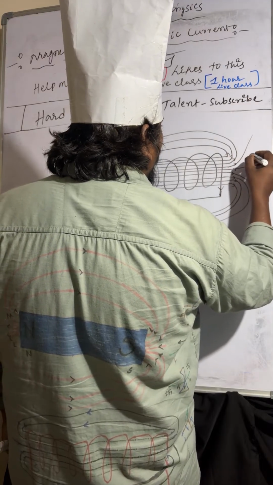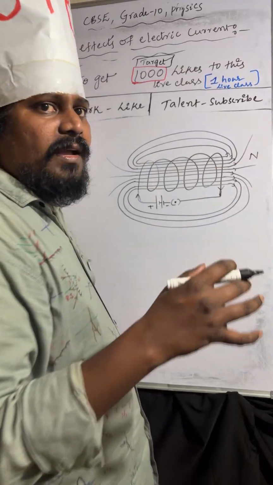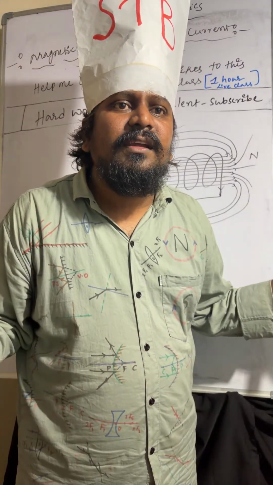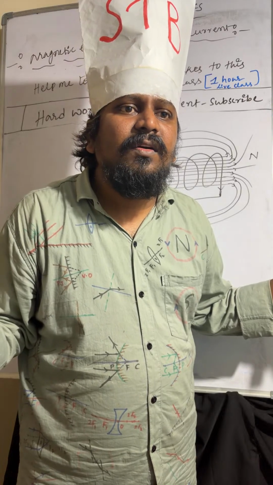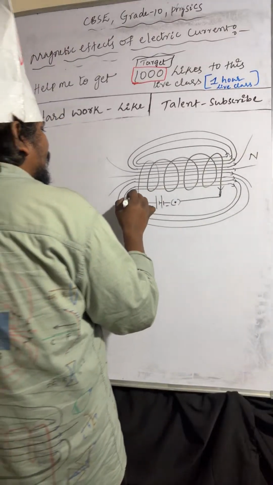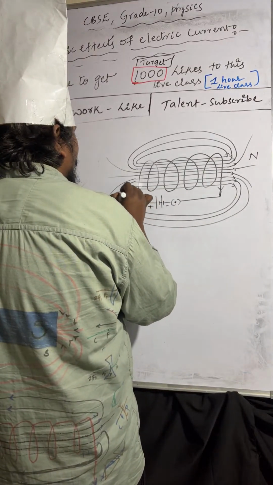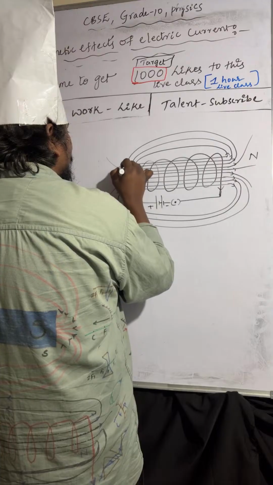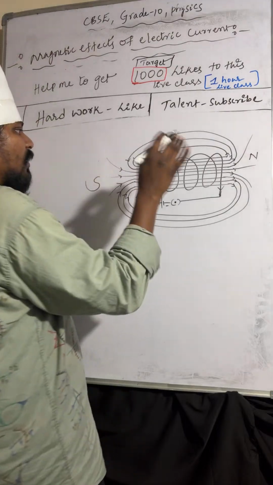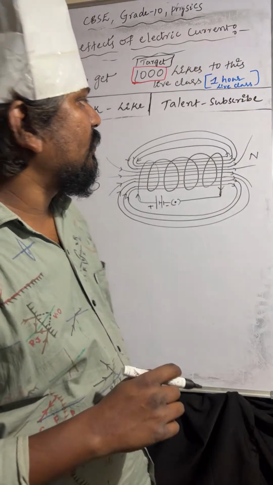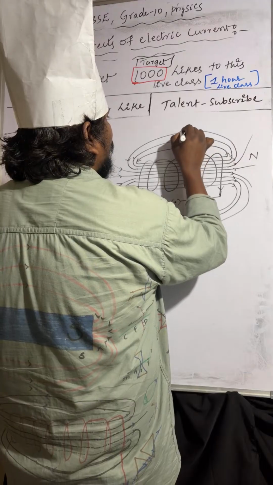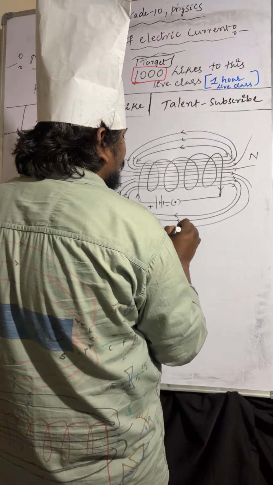That is north. If the current is leaving, magnetic field also leaving. Yes or no? Yes. And here also current is reaching, magnetic field also reaching to this point. That is south, north and south. And here you can observe outside of the solenoid.